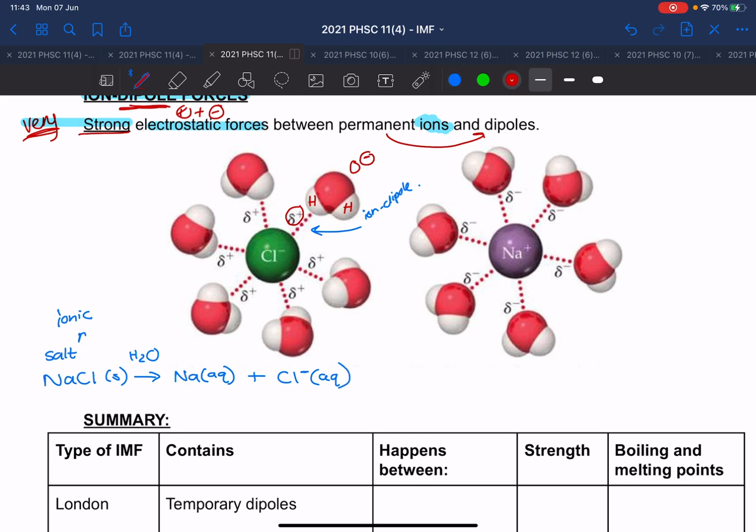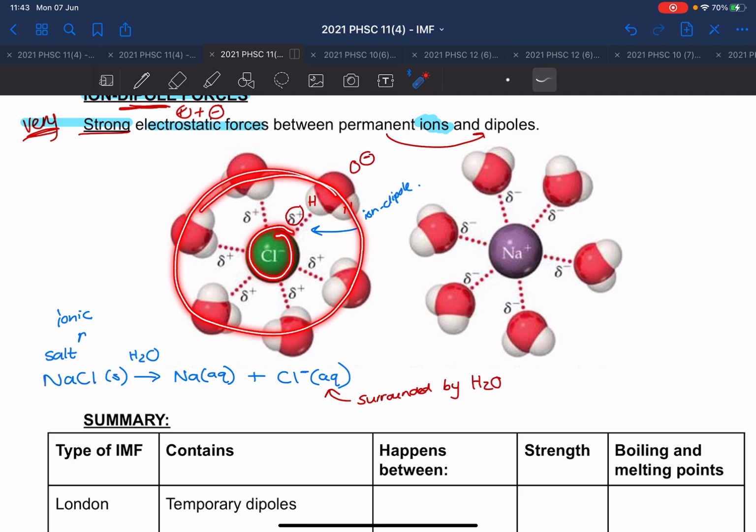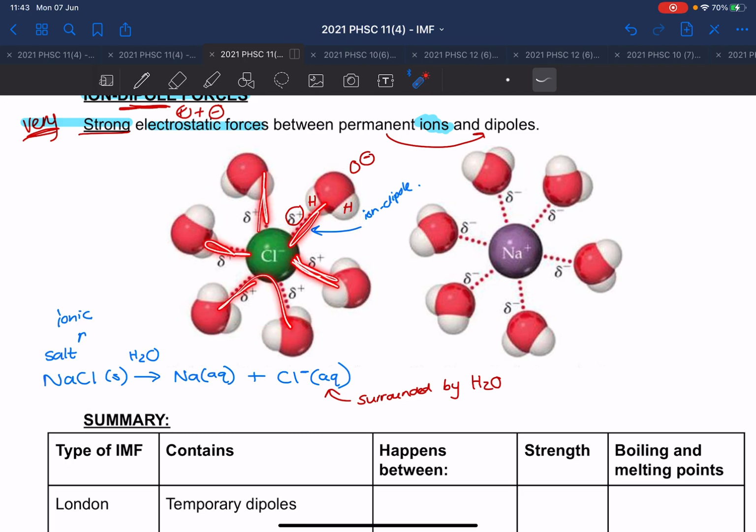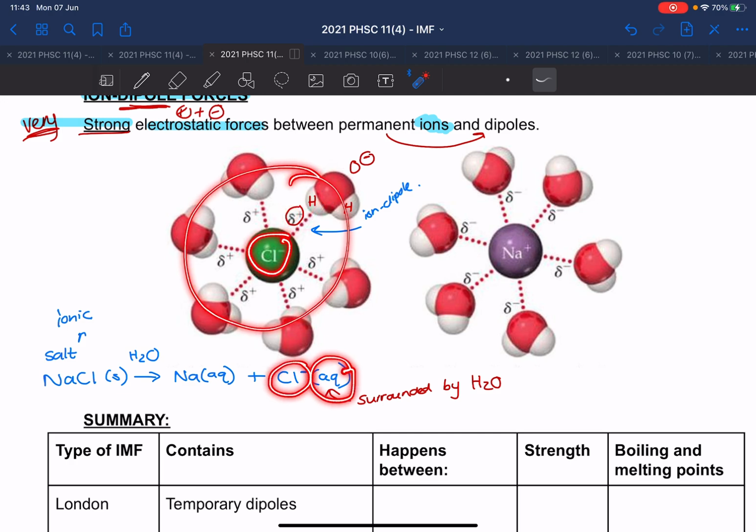The aqueous stands for surrounded by water molecules. So here you can see you have the chloride ion that is surrounded by the water molecules. They didn't form a new bond. That's not a bond that forms. That is just a force between the negative and the positive that keeps them close together. So you can say the chloride ion is surrounded by water, aqueous. So when we dissolve a salt in water, we get ion-dipole forces.